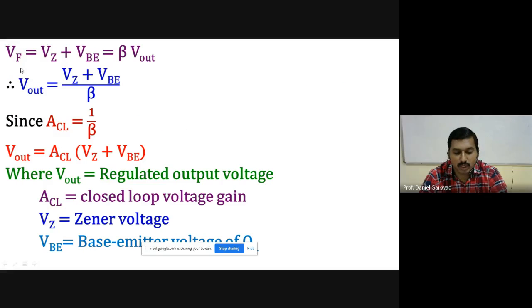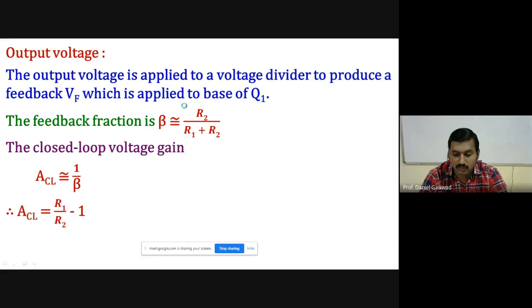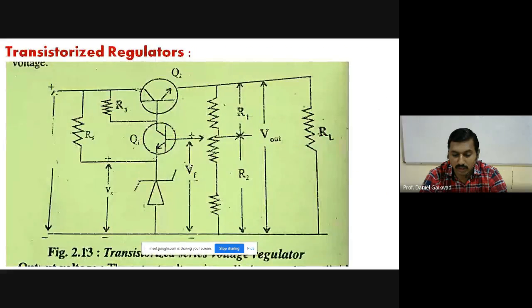Now we have one more formula: the feedback voltage Vf is equal to Vz plus Vbe. For that also we have to check the diagram. Vf is equal to the base emitter voltage of the transistor plus the Zener voltage, Vz.